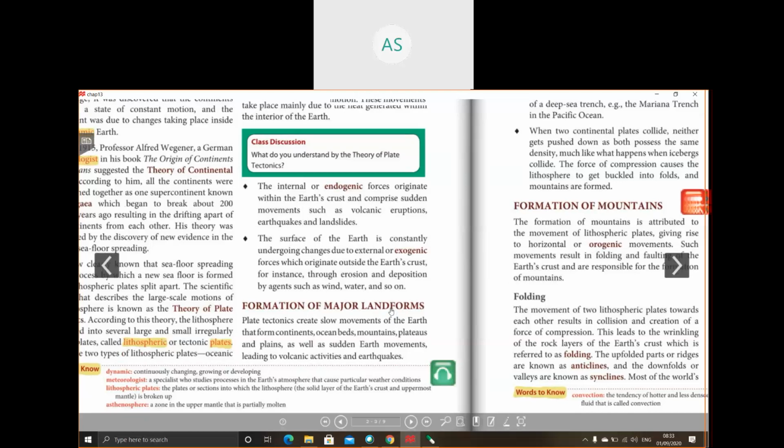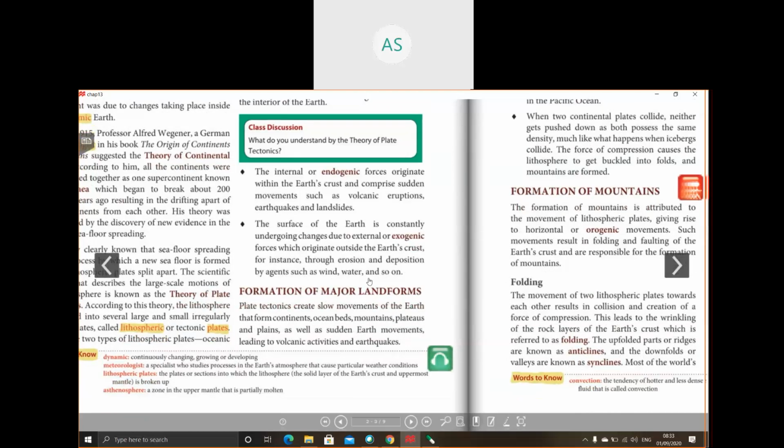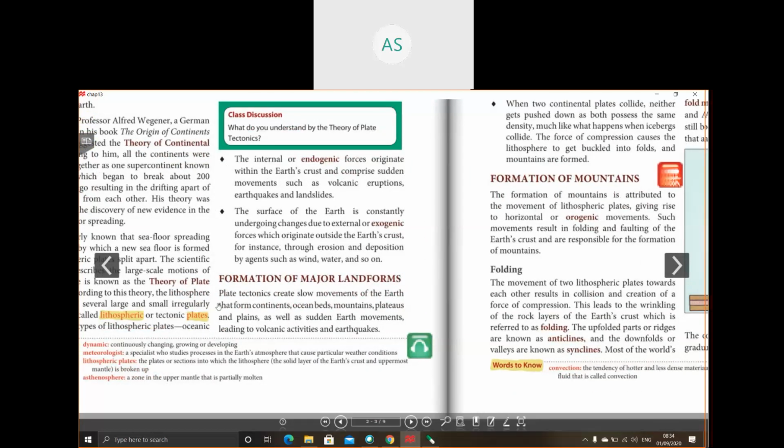Now let us see the formation of major landforms. Plate tectonics creates slow movement of the earth that forms continents, ocean beds, mountains, plateaus, plains, as well as sudden earth movements, leading to volcanic activities and earthquakes, okay.